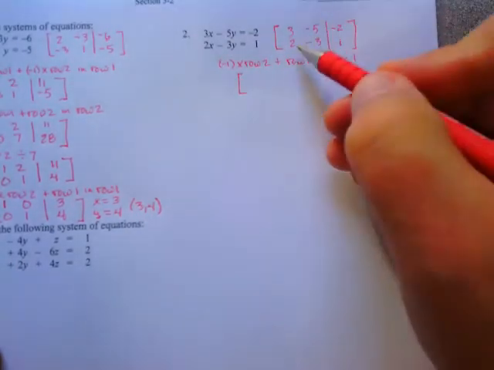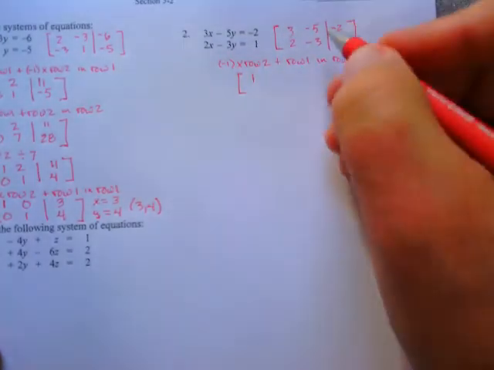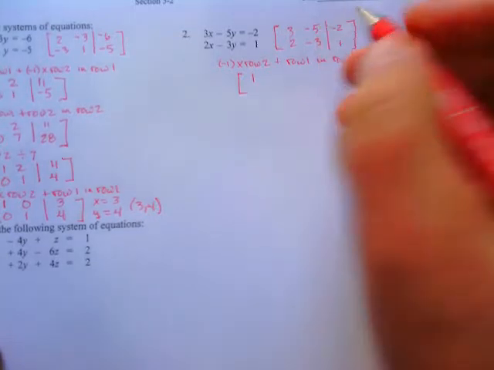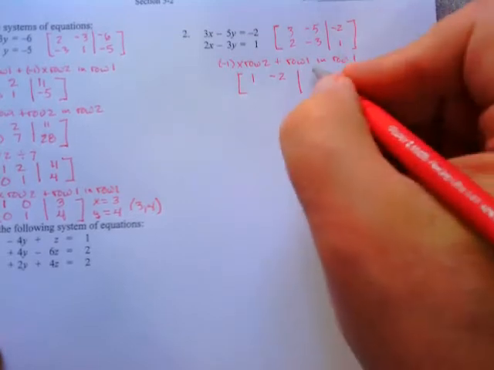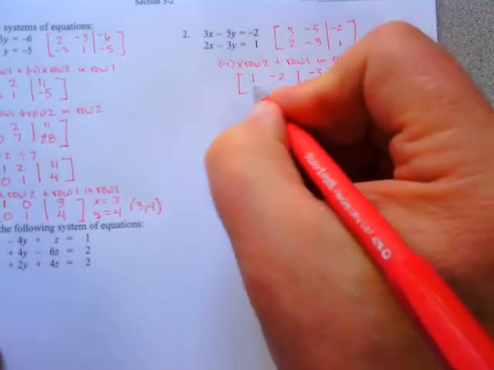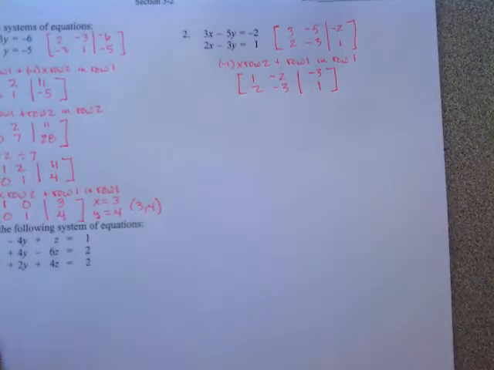So 2 becomes negative 2, and 3 gives me a 1. That becomes a positive 3. 3 and negative 5 becomes a negative 2. Negative 1 and negative 2, that's a negative 3. And then, of course, we did not change row 2.